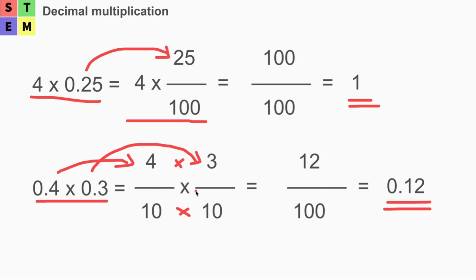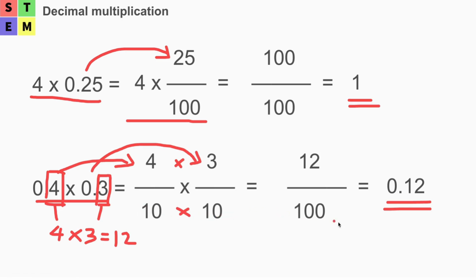Okay, so let's take a look at a pattern here, right? We have 4 there, we have 3 there. Okay, so 4 times 3 equals 12, right? And then we have 1 digit after the point and 1 digit after the point, right?